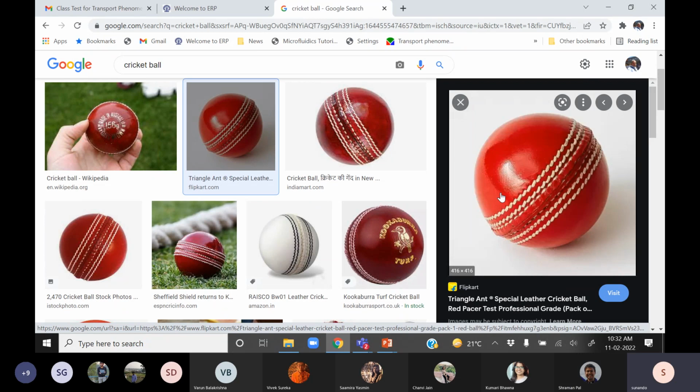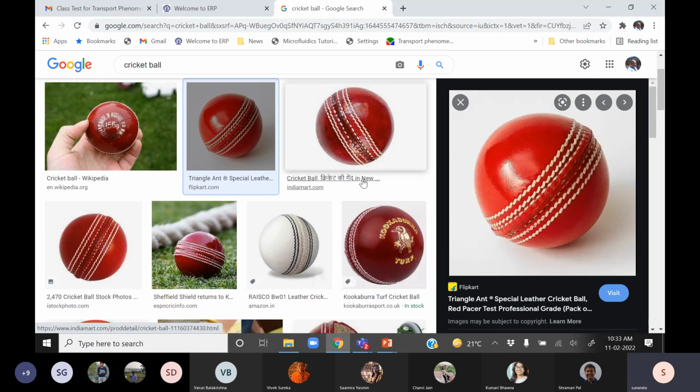And this can be further enhanced if you hold the ball like this. So when the flow of air comes in, while it goes through this side and while it goes through this side, in one path it encounters the seam. In the other path, it does not encounter the seam.